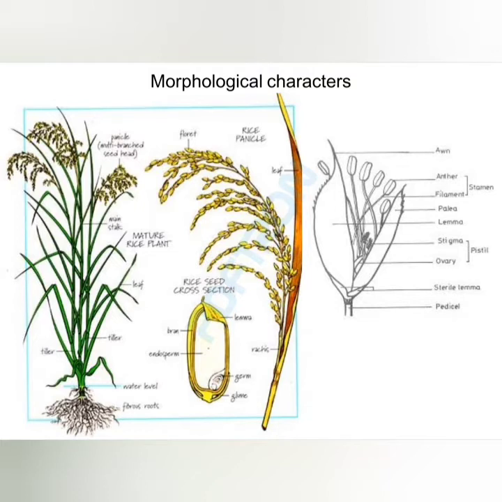So coming to its morphological characters, the botanical characteristics of rice. Rice is an annual herb which has a jointed stem, as you can see here in the figure. The stem is about 50 to 150 centimeter high.